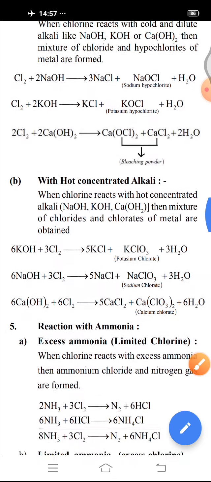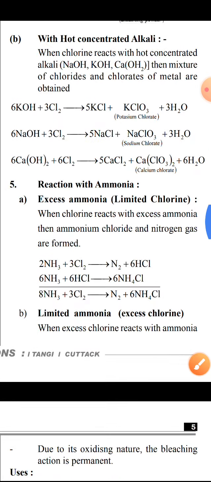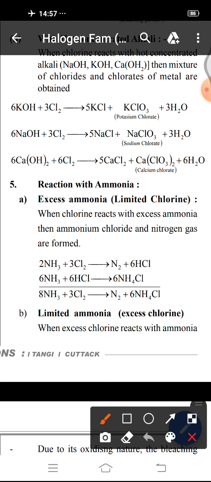Next is the reaction with ammonia, where ammonia can be taken as limited as well as in excess. When excess ammonia reacts with chlorine, it forms nitrogen gas and ammonium chloride.